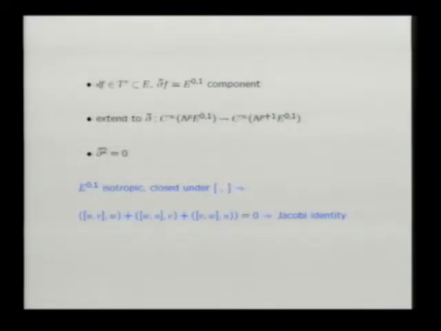Okay, so what can you do then? In general, you look at this. This is the way you define the d-bar operator. And then in the usual fashion, you can extend it to a d-bar operator on exterior powers of this bundle. And what is the usual way?